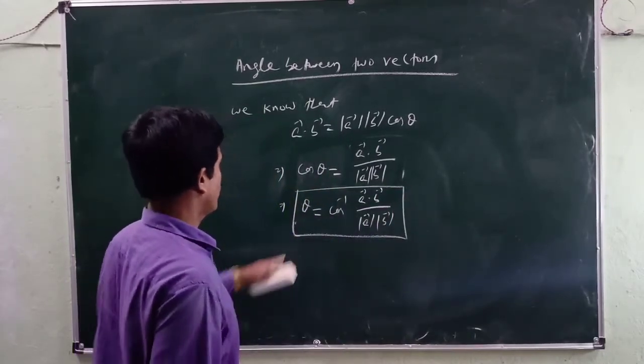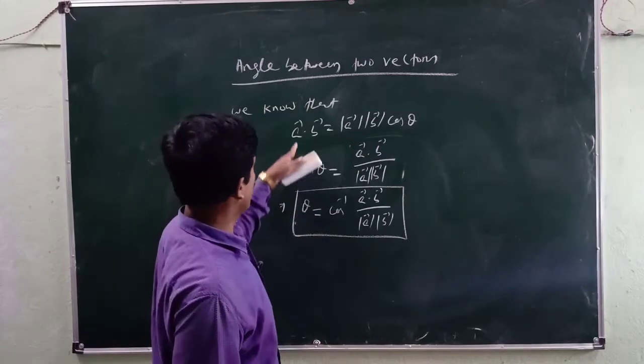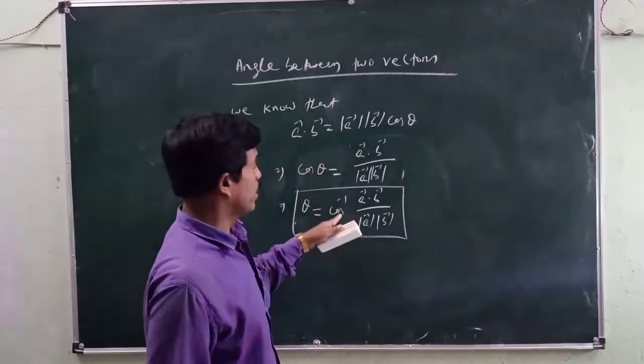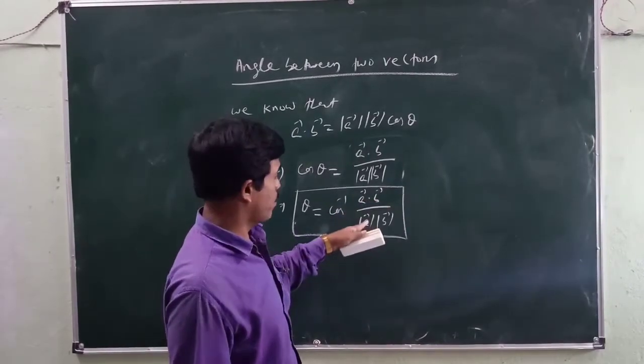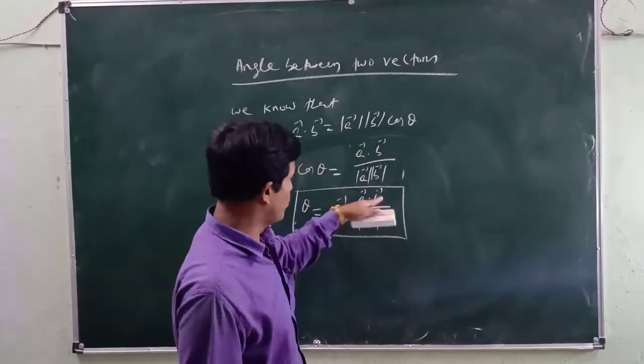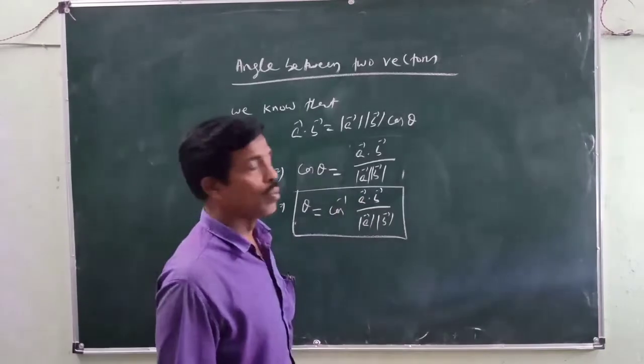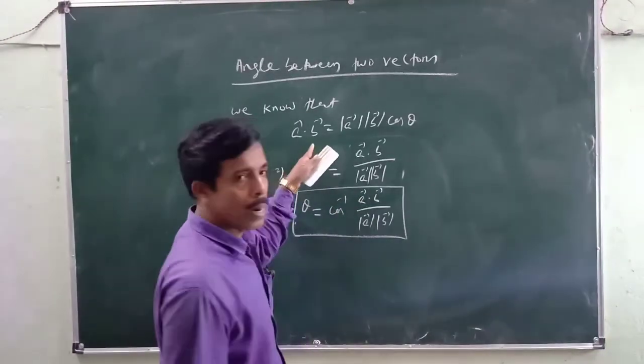So you remember the formula of the angle between A and B. That means you find first A vector dot B vector, then A vector magnitude, then simplify, then you find its cos inverse, which gives you the angle between A and B.